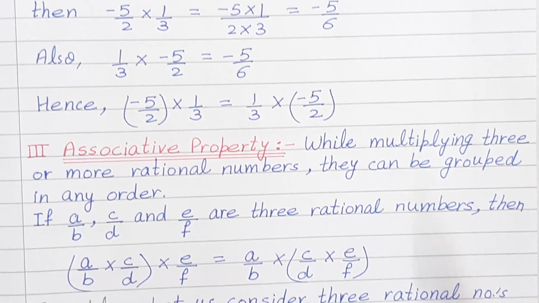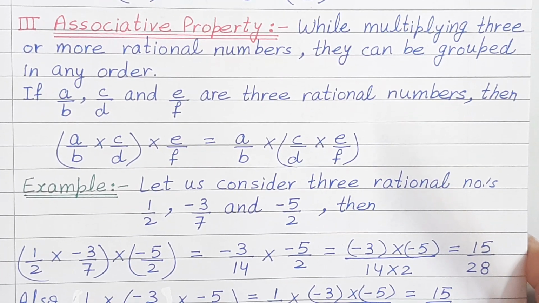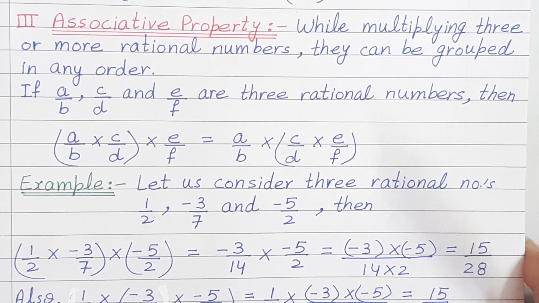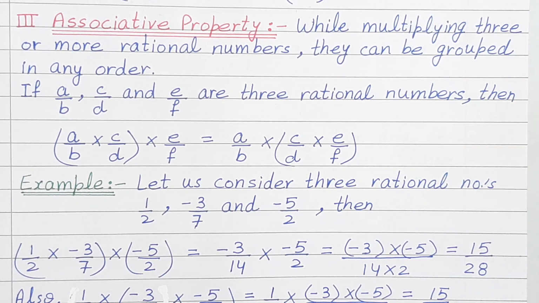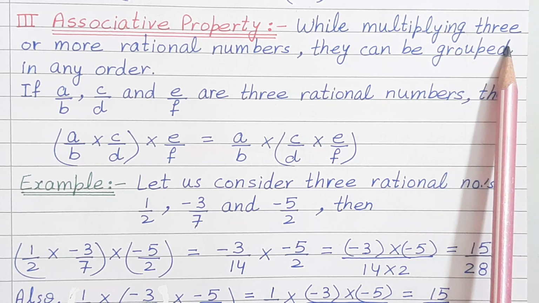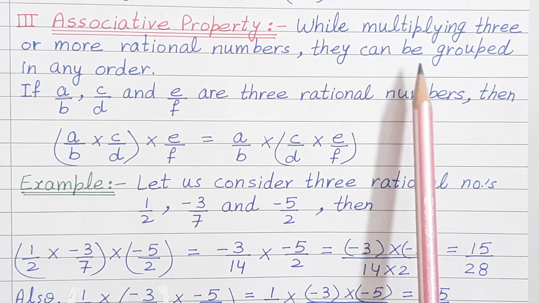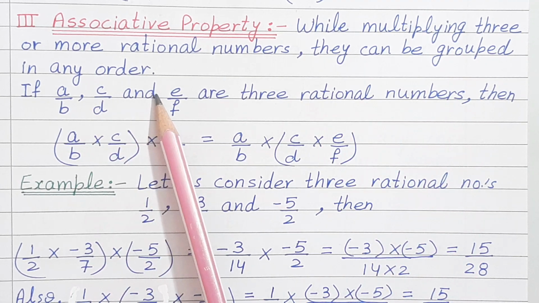Now students, let us discuss the next property, that is associative property. In this property, while multiplying three or more rational numbers, they can be grouped in any order.